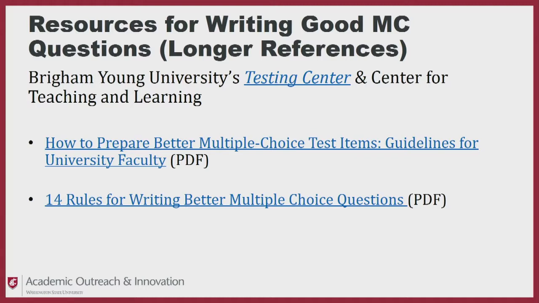One of the most in-depth, sort of the Bible of multiple choice, a thicker 75-page document, and again, this is a PDF you can download, comes from Brigham Young University, which has a resource associated with their testing center. So this campus uses an integrated testing center to administer tests, to process tests, and to help faculty understand how to reflect upon them.